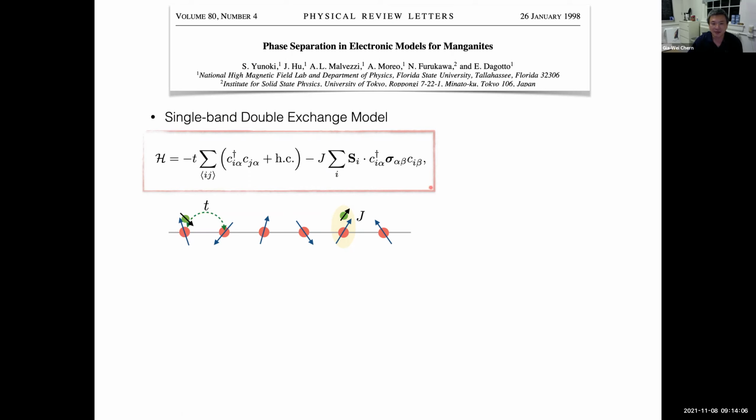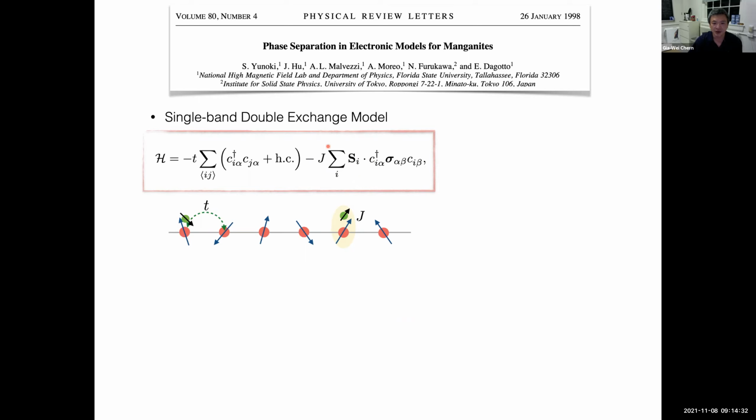And here is the Hamiltonian of this model. The first term describes electrons with spin up and down hopping on a lattice. Here I showed an example of a linear chain. So the hopping amplitude is t. And then the second term is a local Hund's coupling, which tries to align the spin of electrons to local spins.